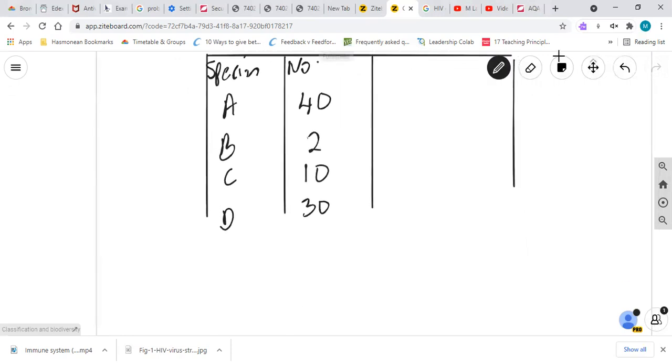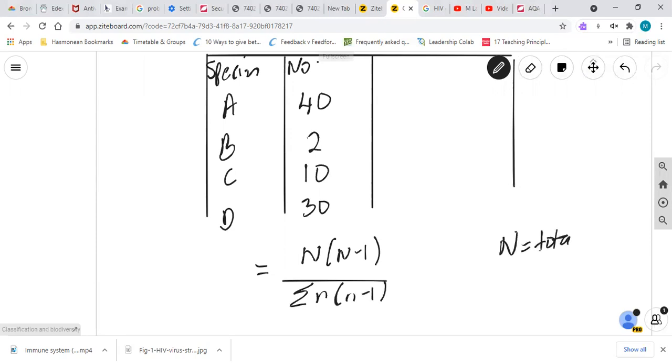You're normally given the formula. The formula is N times N minus 1 over the sum of small n times small n minus 1. Now, big N is the total number of organisms, which in this particular case is 40 plus 10 plus 30 plus 2. So that's 82.